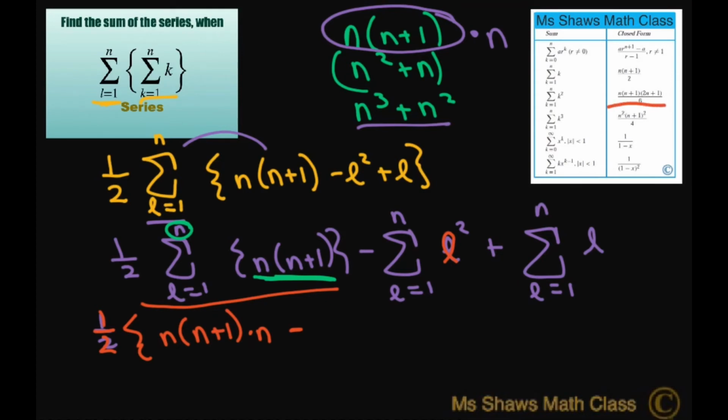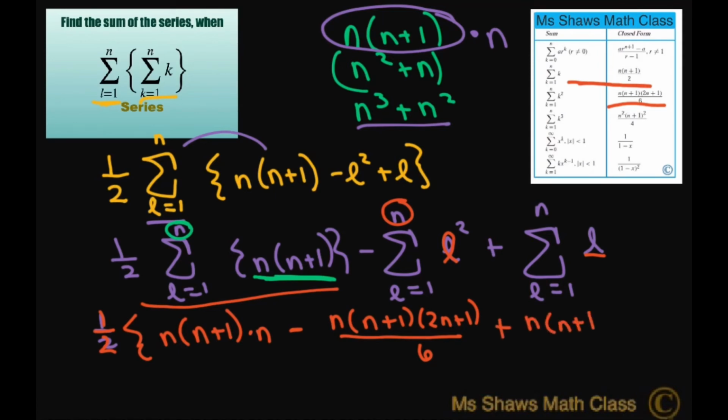So this is going to be minus n times n plus 1 times 2n plus 1 divided by 6. And then this one is the normal one we're used to, so it's just plus n times n plus 1 divided by 2. And 1/2 times all of that.